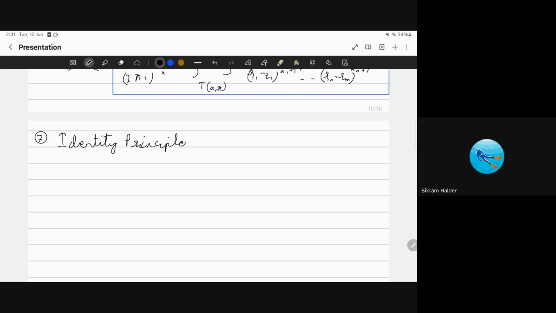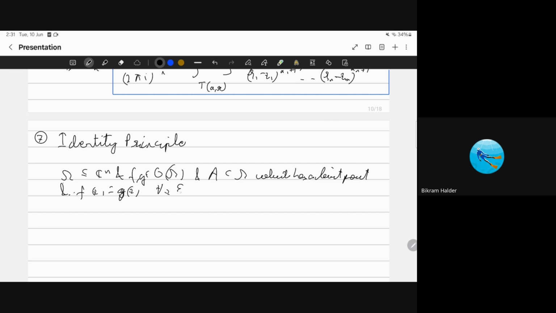Recall that if we have an open subset omega of Cn, f and g are holomorphic on omega, and A is a subset of omega which has a limit point, and f(z) is equal to g(z) for all z belonging to A, then of course we know that f is identically equal to g on omega. That means the value matches at all points on the open set.